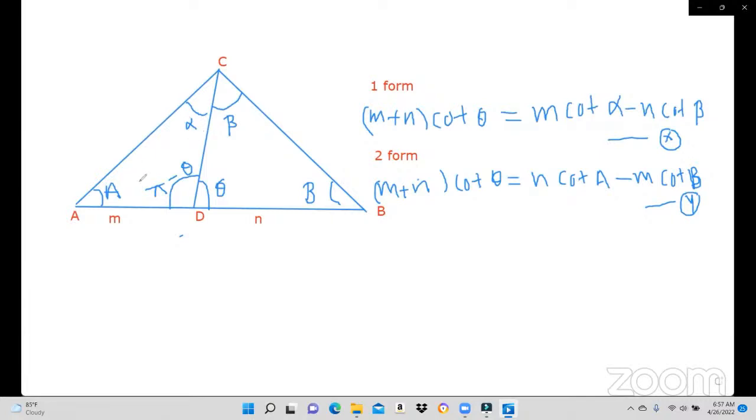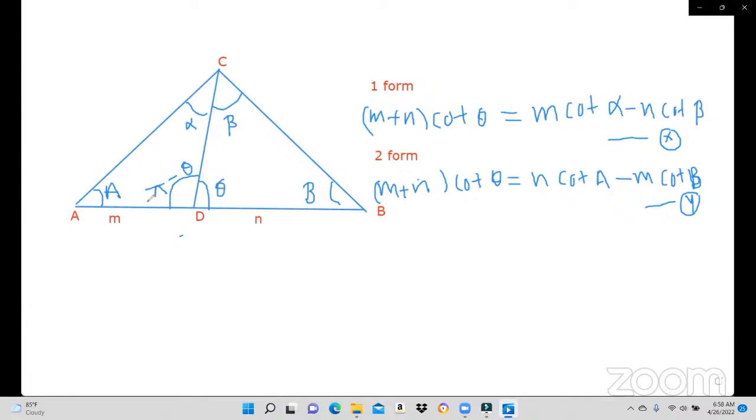Sine rule means that in a triangle, the ratio between one side and the sine of the opposite angle is a constant.